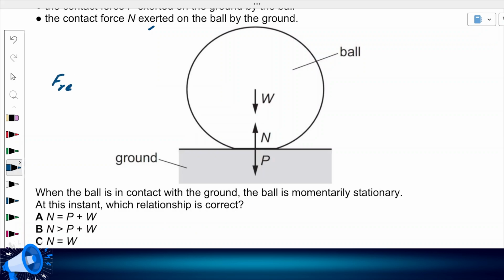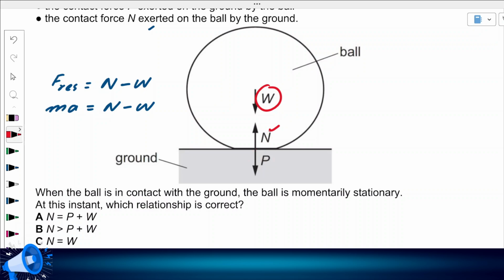The resultant force would be the greater force minus the smaller force. How do we know which one is the greater force? N is greater than W. If W were greater than N, then why would the ball become stationary momentarily?